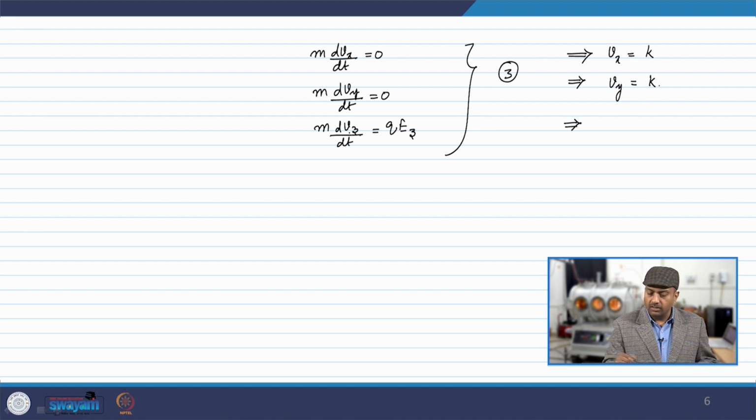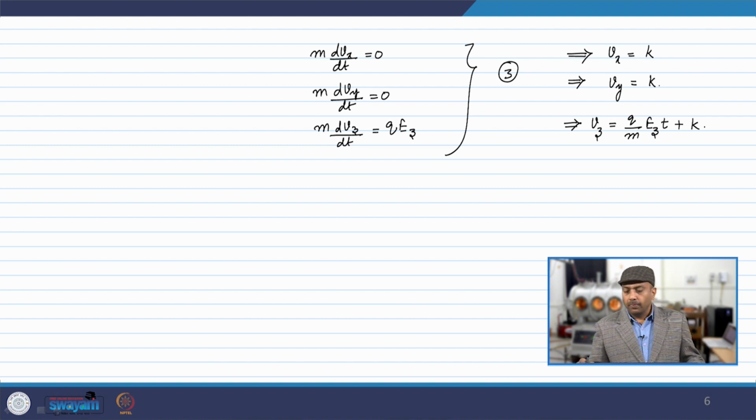So, if you integrate this equation, we will be able to write Vz is equal to q by m Ez t plus a constant, right. Let us say at t equals 0, we assume the velocity Vz to be Vz0.